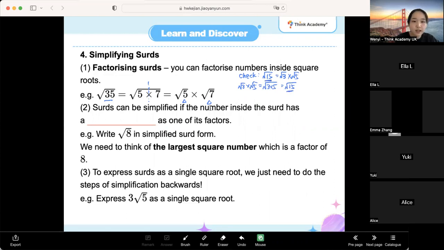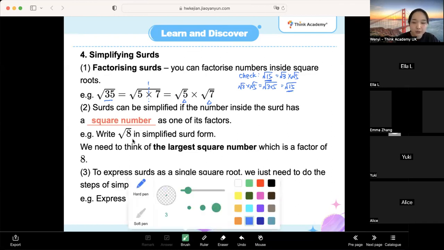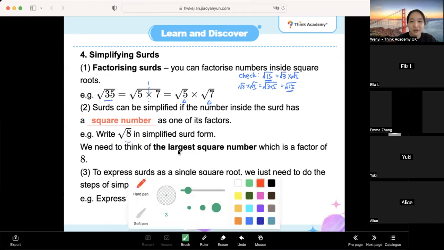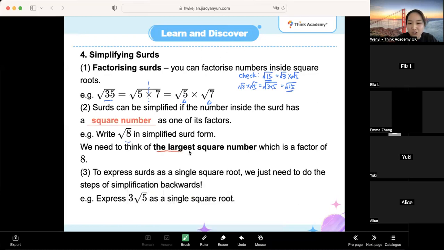Here we have an interesting rule: a surd can be simplified if the number inside the surd has a square number as its factor. For example, if we want to simplify this root 8, how can we do that? The tip here is that we need to think about the largest square number which is also a factor of 8.